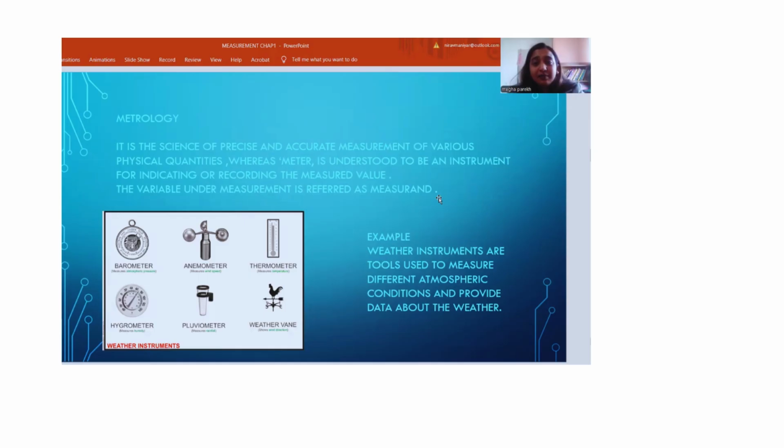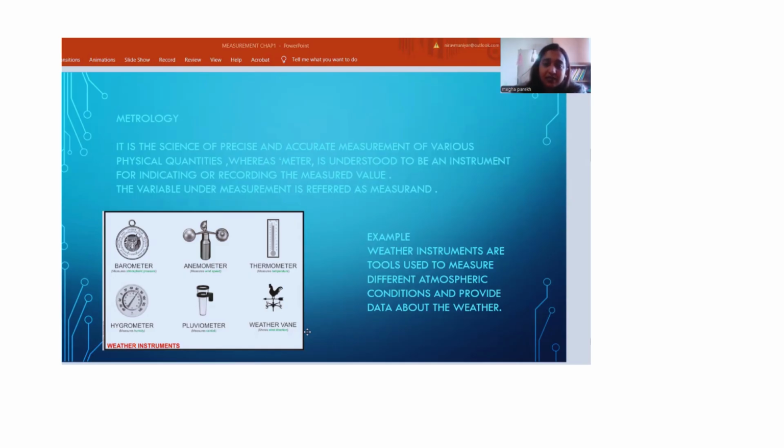Another important concept is metrology. We will see what metrology is. It is the science of precise and accurate measurement of various physical quantities, whereas a meter is understood to be an instrument for indicating or recording the measured value.